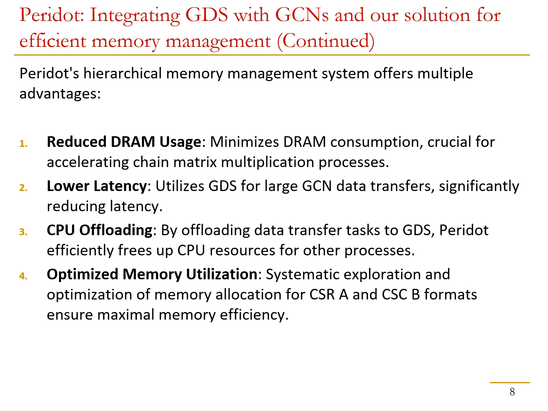CPU offloading. By offloading data transfer tasks to GDS, Peridot efficiently frees up CPU resources for other processes. Number 4. Optimized memory utilization. Systematic exploration and optimization of memory allocation for CSR-A and CSC-B formats ensure maximal memory efficiency.